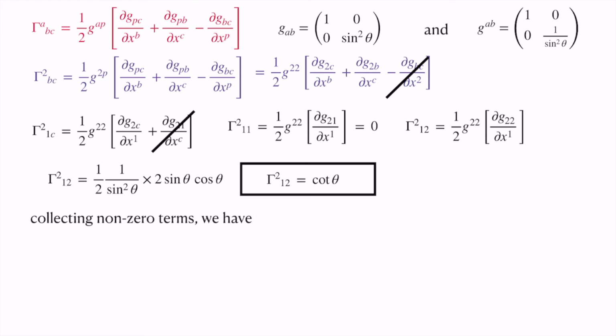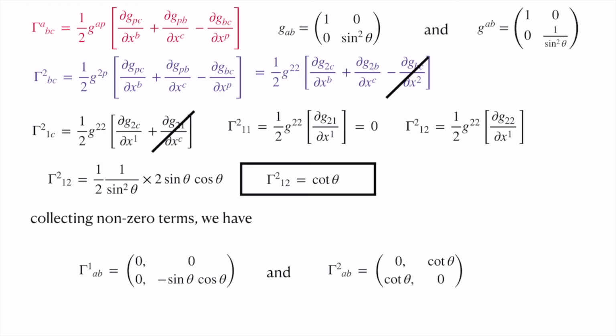From the symmetry argument, we also have gamma 2 2 1 is cot theta, and the non-zero gamma terms for the sphere are the following. Gamma 1 AB has 4 terms: 0, 0, 0, and the last remaining term is minus sine theta cos theta, and gamma 2 AB is 0, cot theta, 0, cot theta, 0.